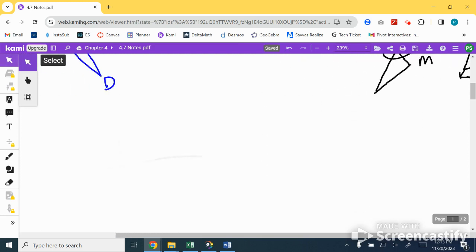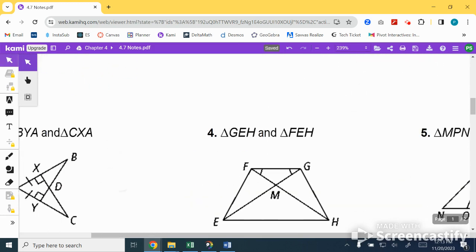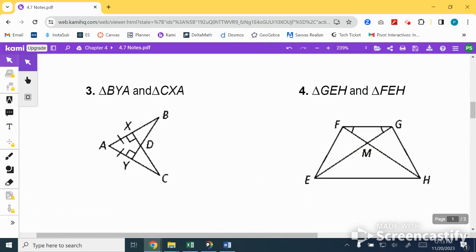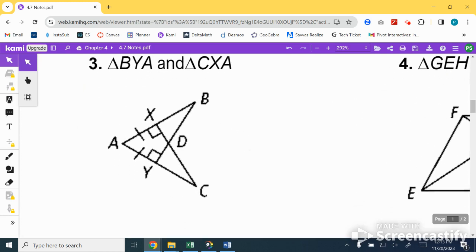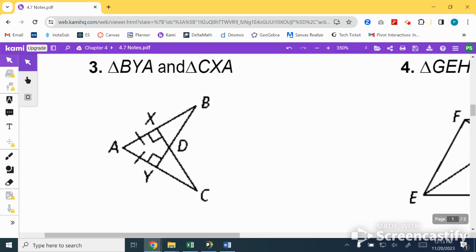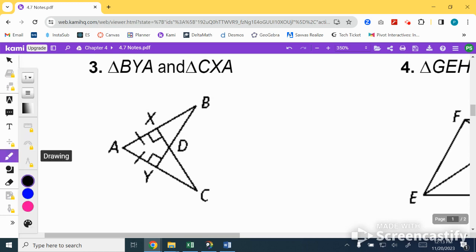So what you want to do when you have these kinds of problems is redraw them and then see what you have in common. So this one, there's a lot of stuff going on in this picture. I'm going to try to zoom in to see if that helps. And I'm going to do it like this. First one is triangle BYA.